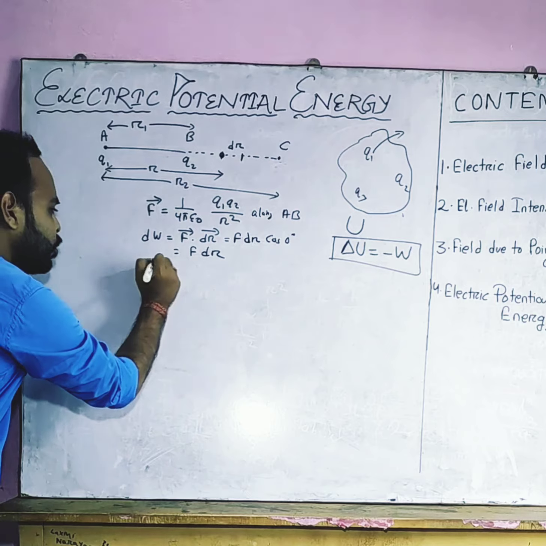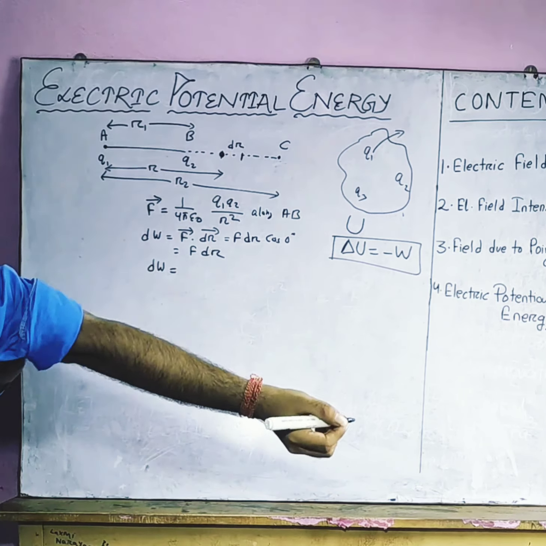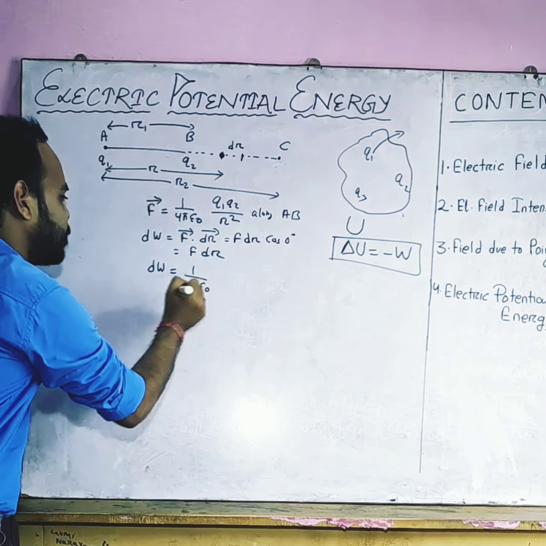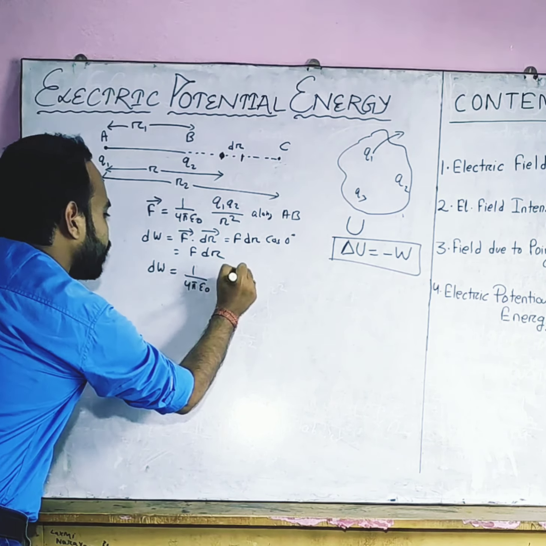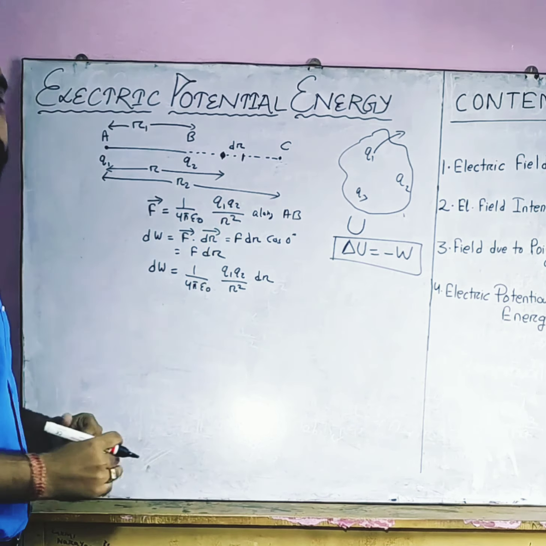So the small work done is given by 1 by 4 pi epsilon 0 Q1 Q2 divided by r square dr.